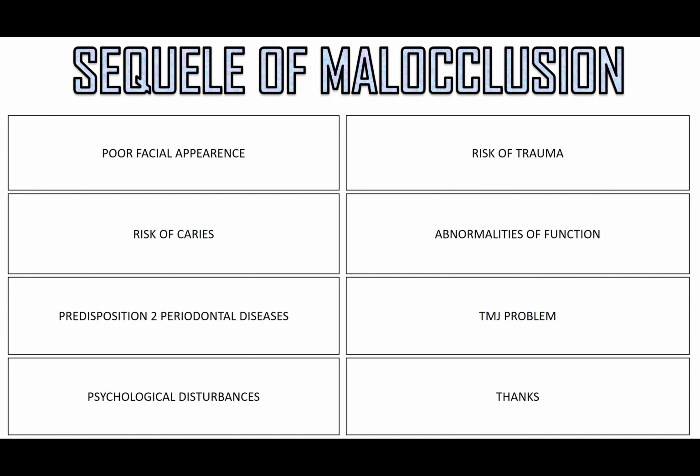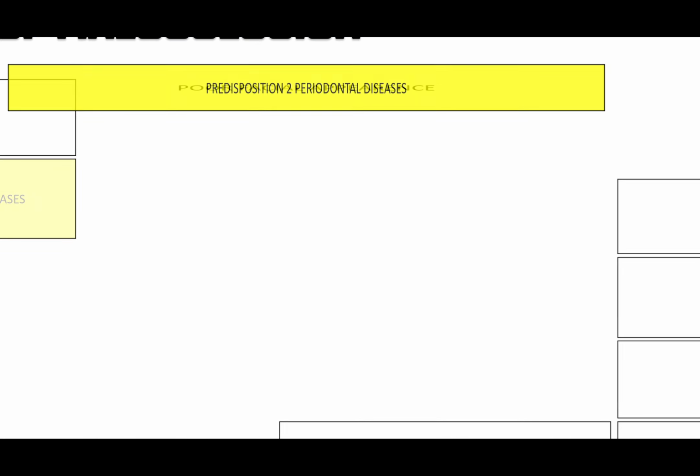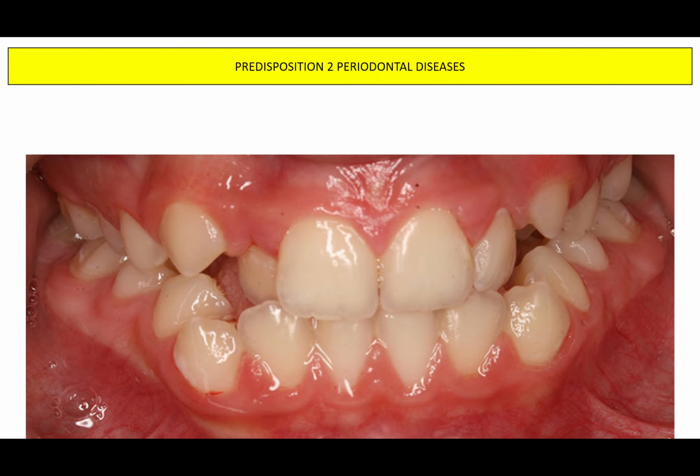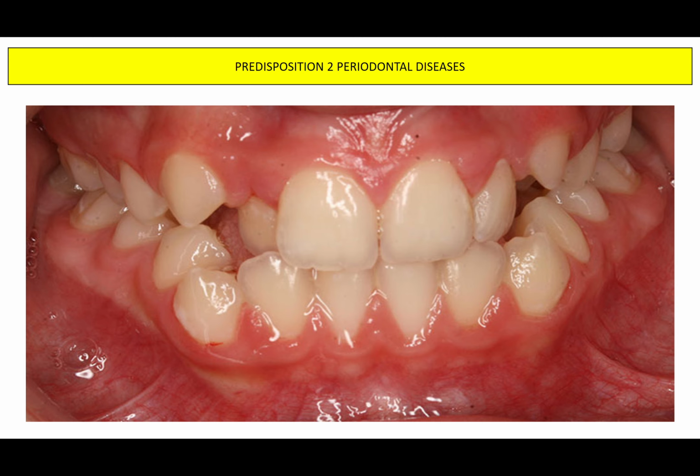Now we will talk about the third sequelae of malocclusion, that is predisposition to periodontal diseases. Malocclusion is associated with poor oral hygiene, a frequent cause of periodontal diseases. In addition, teeth placed in abnormal positions can be a cause for traumatic occlusion. Here you can see when the teeth are in direct contact, the normal forces on teeth can cause traumatic occlusion.